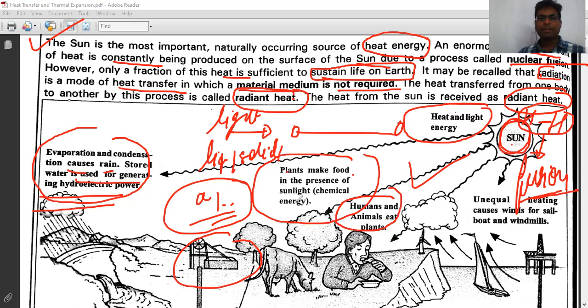Plants make food in the presence of sunlight, right? Sunlight is required for the preparation of their food. Humans and animals eat plants. So the sun is the ultimate source of energy. Write these points.